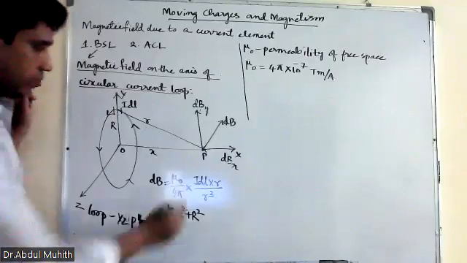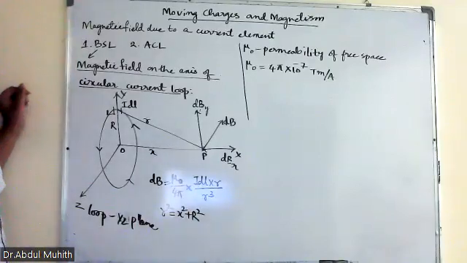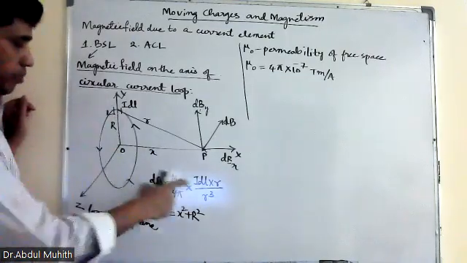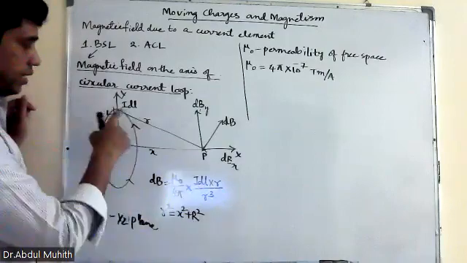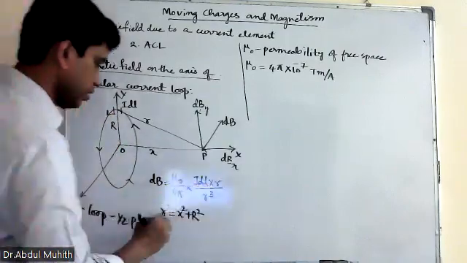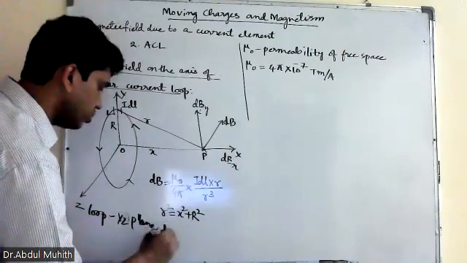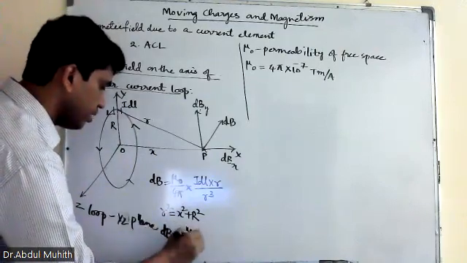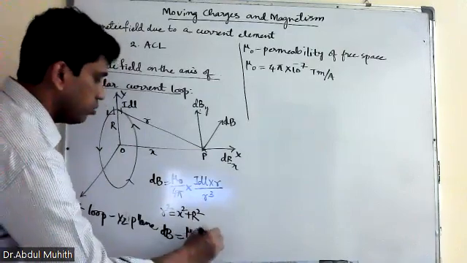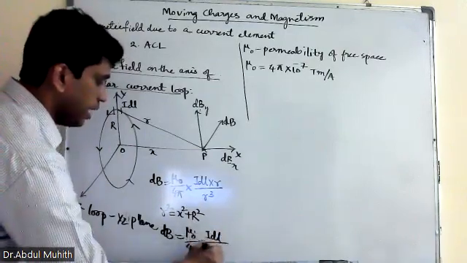Now, if I write I dl sin theta, because they are perpendicular, this magnetic field is perpendicular to r and this plane, so we can write I dl r sin theta, which becomes sin 90 degrees. So this becomes mu 0 by 4 pi into I into dl divided by r square.